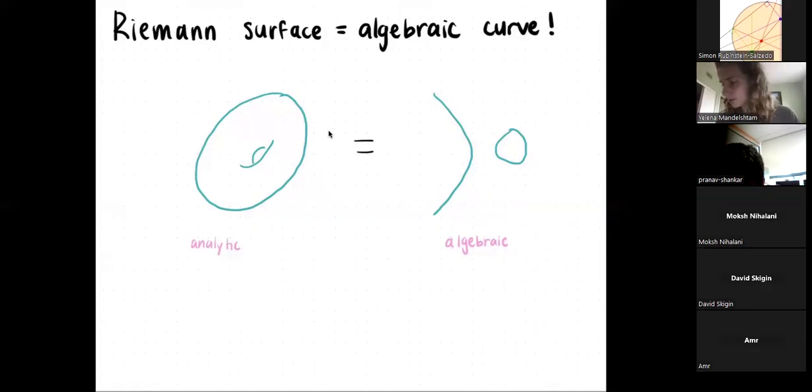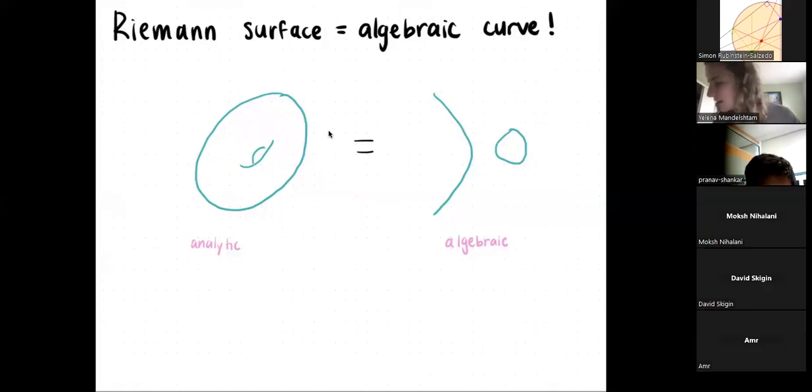And so the Riemann surface is the analytic name for this object. Algebraic curve is the algebraic name and definition for these objects. They do have different definitions and different properties, and this is not in any way an obvious relationship. If they're really the same, then when you ask someone to tell you some algebraic curve and they bring you a Riemann surface, you'd be happy about that.